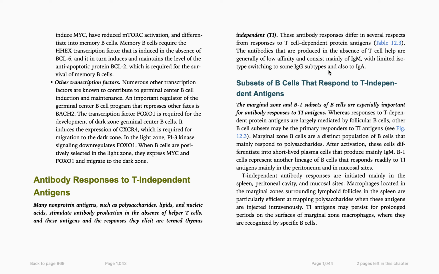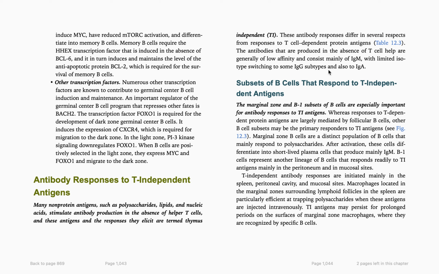Memory B cells require the HHEX transcription factor, which is induced in the absence of BCL6, and it in turn induces maintenance of the level of the anti-apoptotic protein BCL2, which is required for survival of memory B cells.